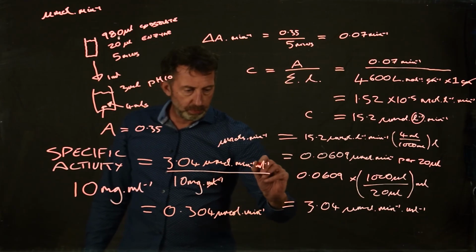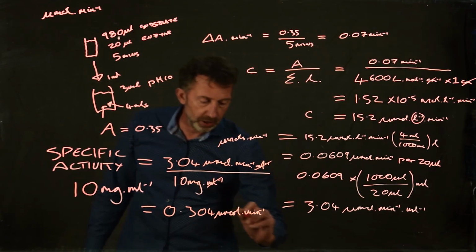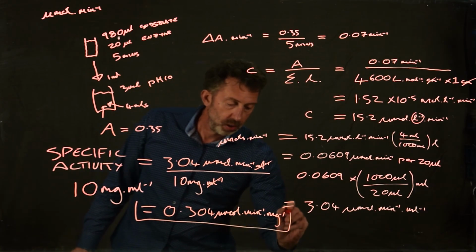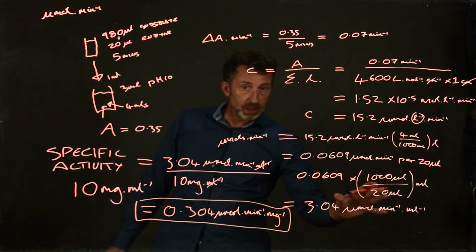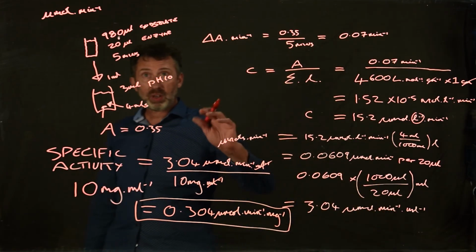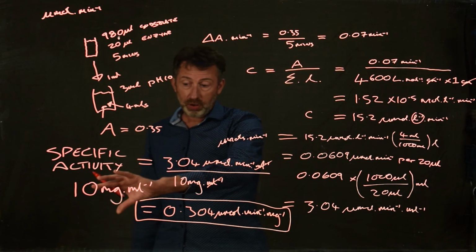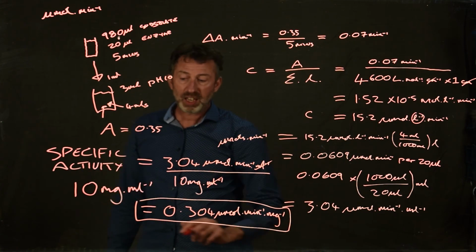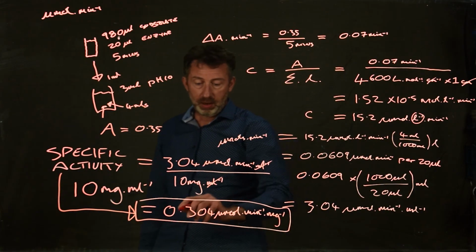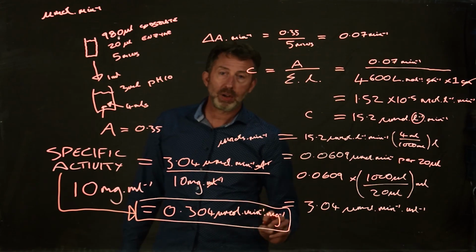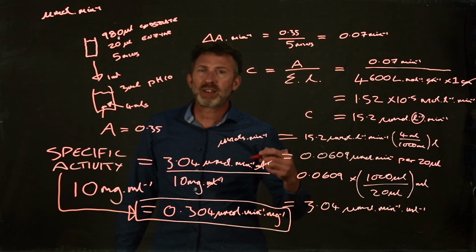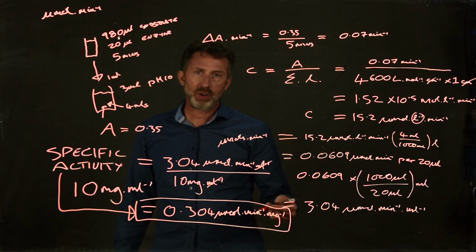Well, those mils cancel out. We're left with per milligram. So if we had this many units of enzyme activity per mil, and we knew that that enzyme solution had a protein concentration of 10 milligrams per mil, the specific activity of the solution is equal to 0.304 micromoles per minute per milligram of protein. And that's a really useful figure because it tells us something about how pure that protein solution is.